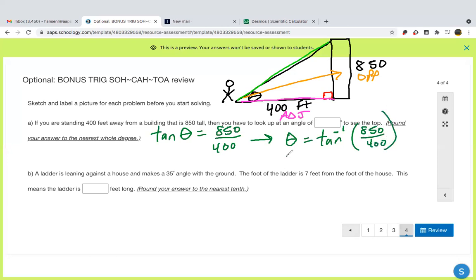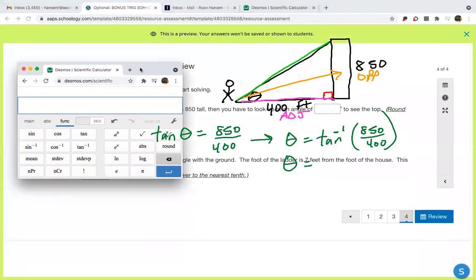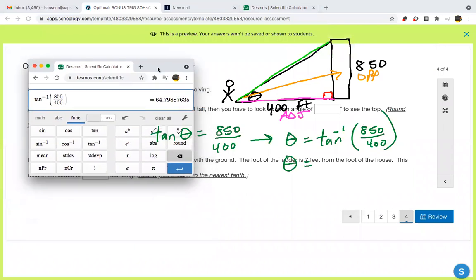Okay, that will find us our unknown angle that we're looking up at the building. So if we drag the calculator back into the mix, I would literally be pressing inverse tangent of 850 divided by 400, and boom, we get 64.7, and it said round to the nearest whole.